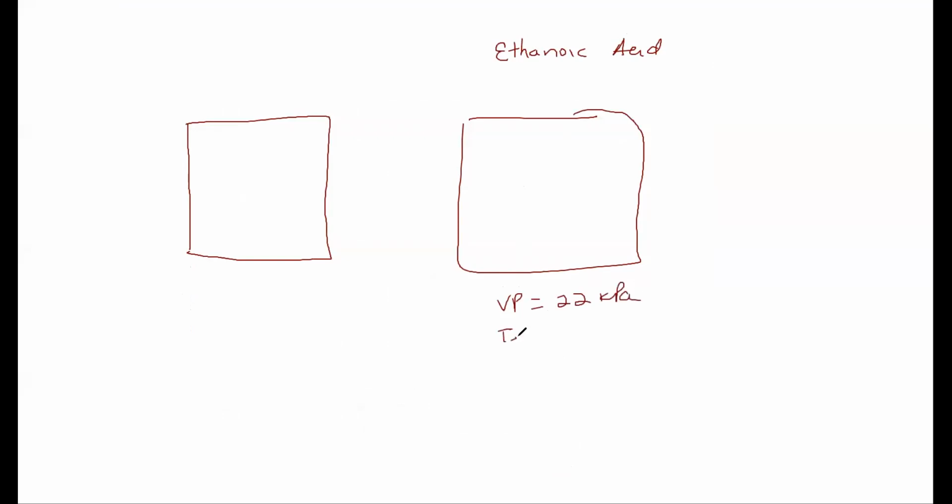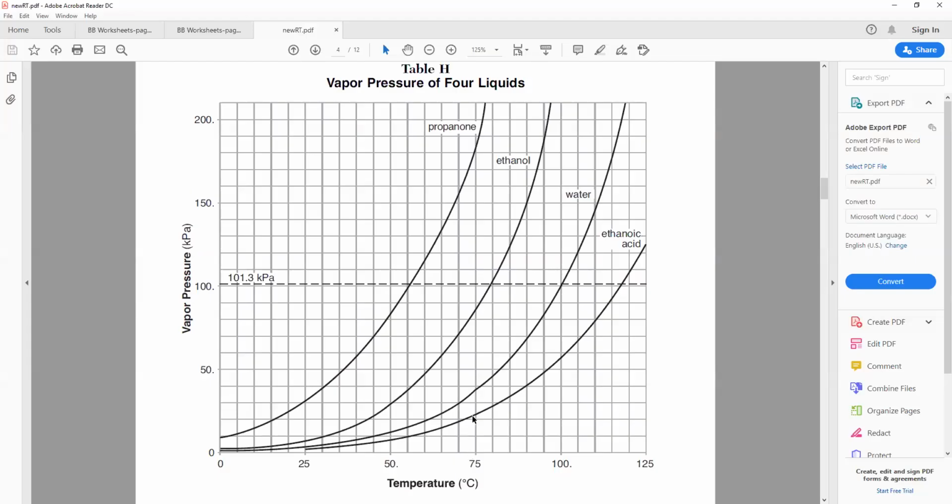I think the temperature we said 75 degrees Celsius, right? Is that what we said? Let's go back. 75, yes. And if we go up, we're going to see that propanol has approximately, what is it over here? 10, 20, 30, so approximately 180.